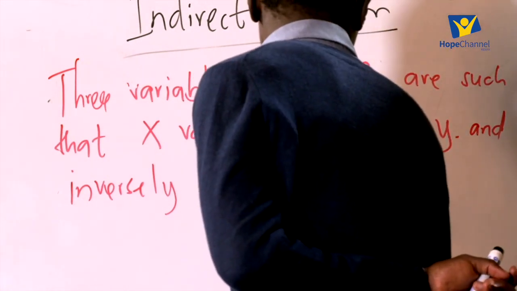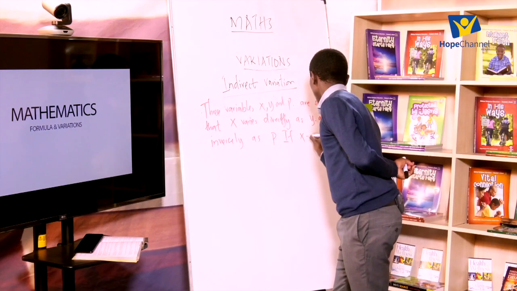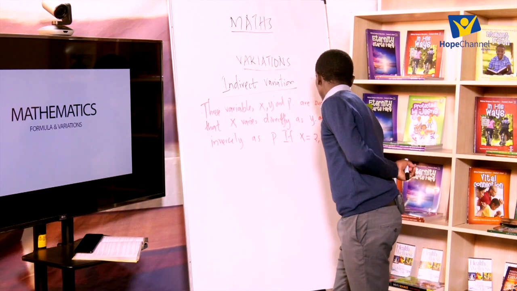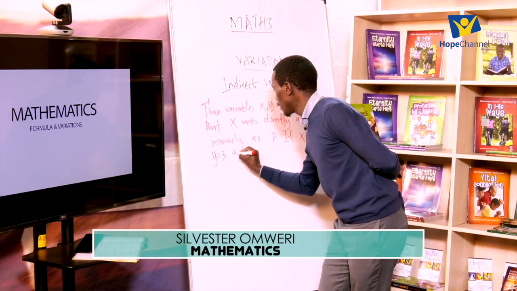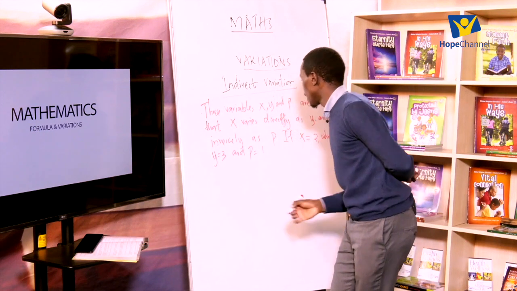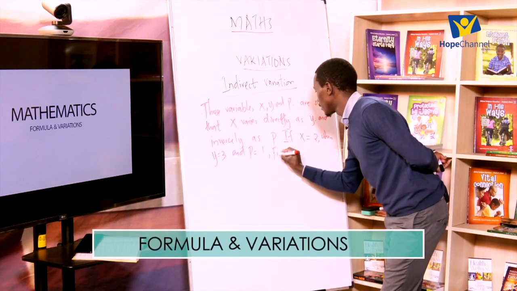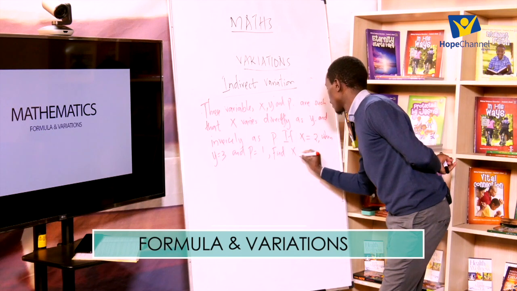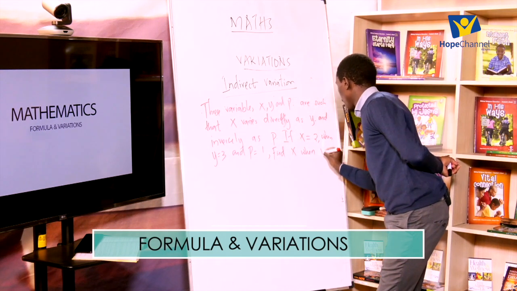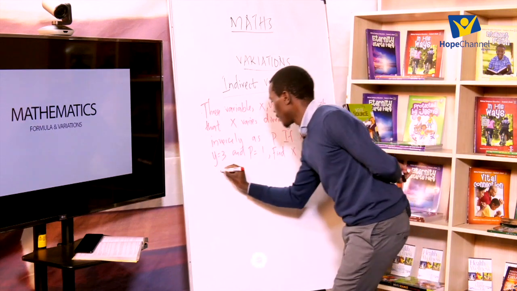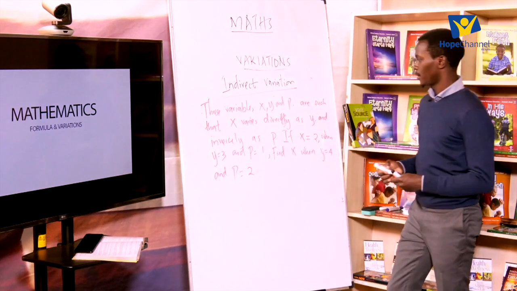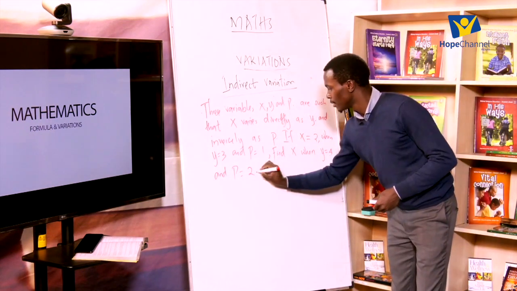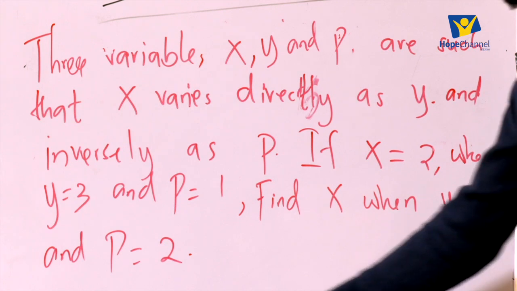So if x is equal to 2 when y is equal to 3 and p is equal to 1, find x when y is equal to 4 and p is equal to 2.